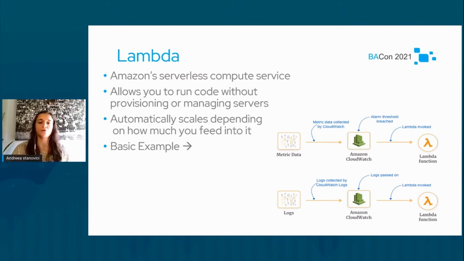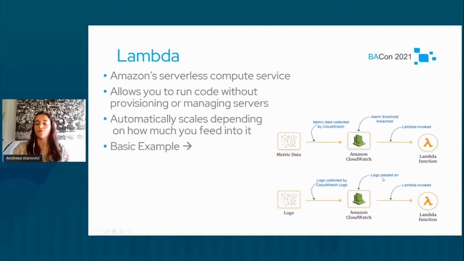So if you do set an alarm, you can set an event to trigger Lambda to then elicit a response, get rid of the resources that have very low utilization, keep your costs low. Lambda can be used for a multitude of things, and that's just one of them.